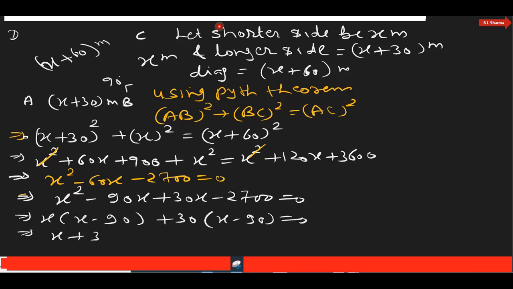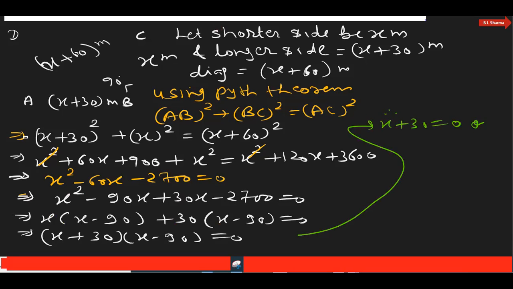So further x plus 30, x minus 90 is equal to 0. Putting each factor, therefore, x plus 30 is equal to 0 or x minus 90 is equal to 0.